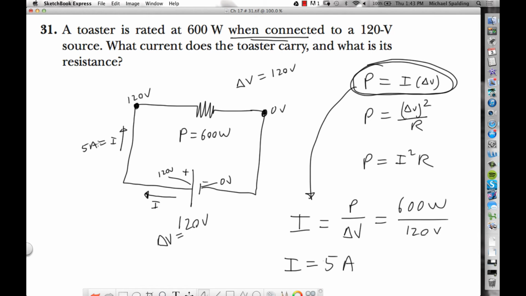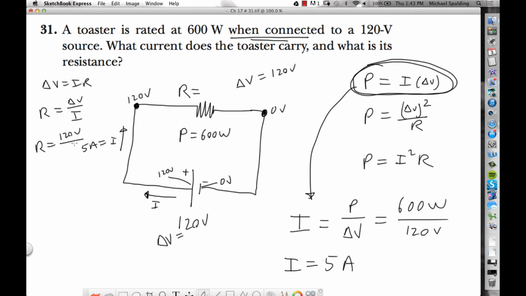Now, just for fun, what's the resistance? How could we find the resistance of this toaster? Well, we could use one of the other power equations, or you could just do Ohm's law. Delta V equals IR. So R must be delta V over I. So what's the delta V?